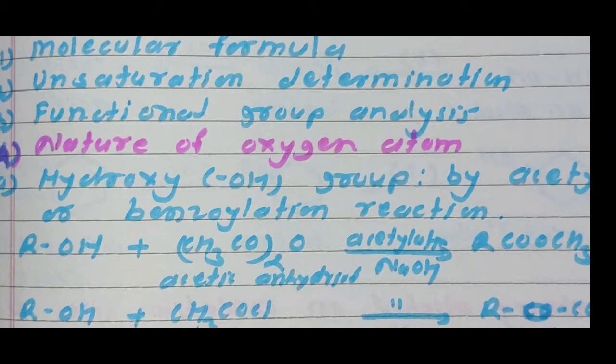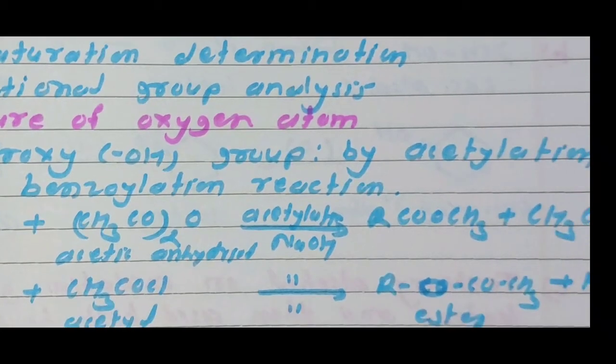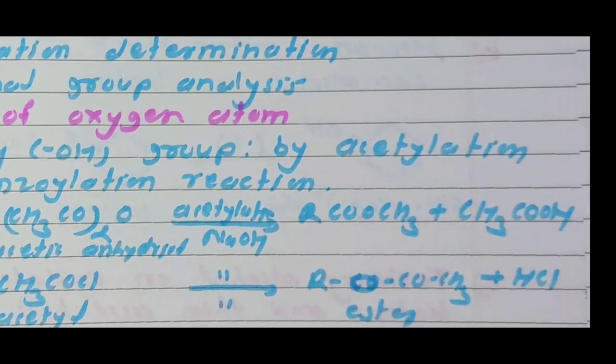ROH plus acetic anhydride, (CH3CO)2O, acetylation in presence of NaOH, formation of RCOOCH3 plus CH3COOH, that is formation of an ester. If hydroxy group is present in an alkaloid, then reaction is carried out by acetylation or benzylation.